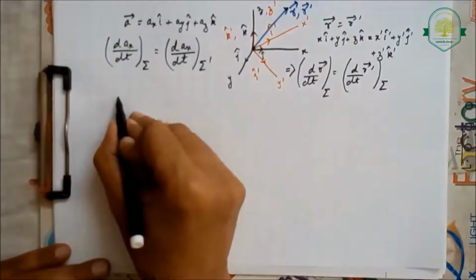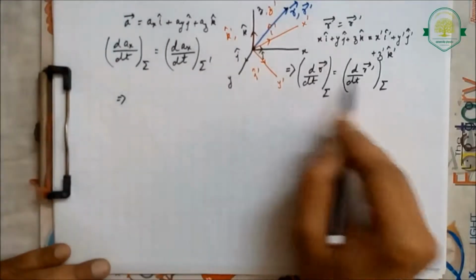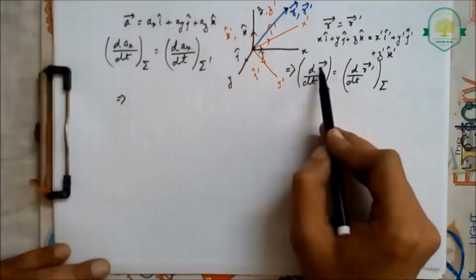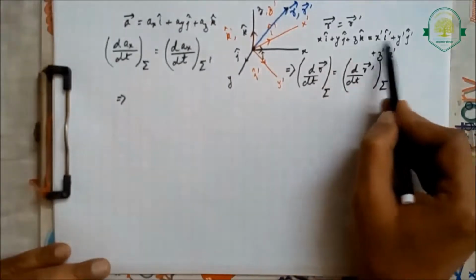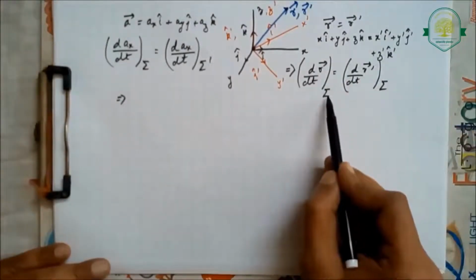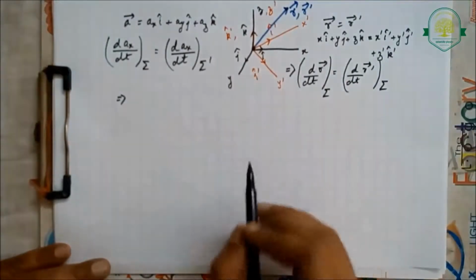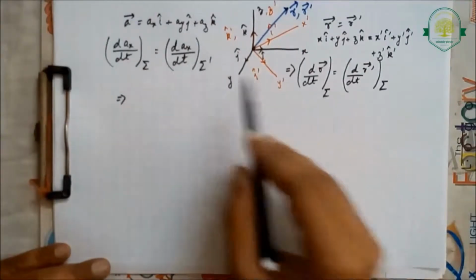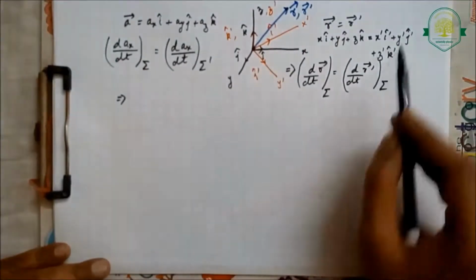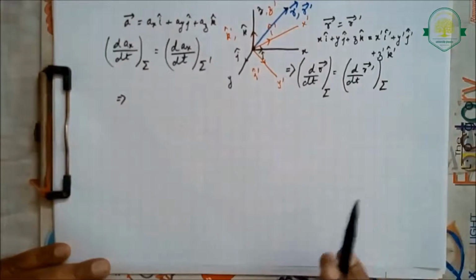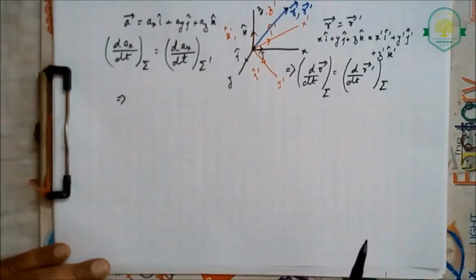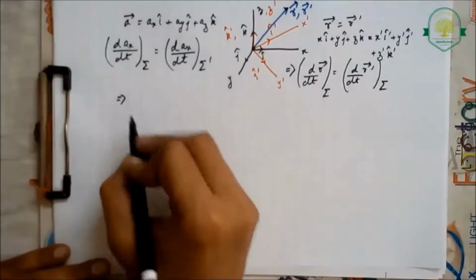So let me differentiate both sides of this equation. R vector being this, R prime vector being this, we are differentiating from the unprimed frame, and in the unprimed frame i, j, k are constants, whereas i prime, j prime, and k prime in general are changing vectors.